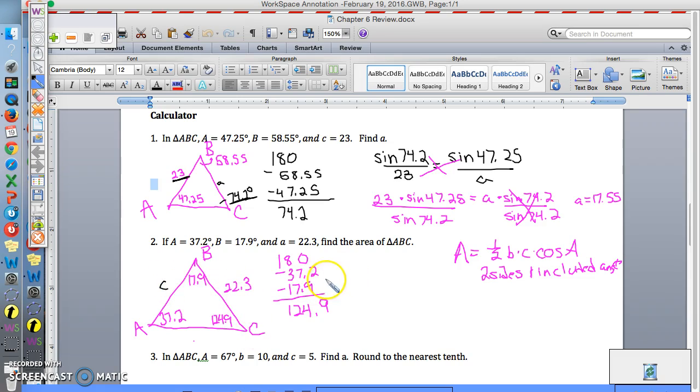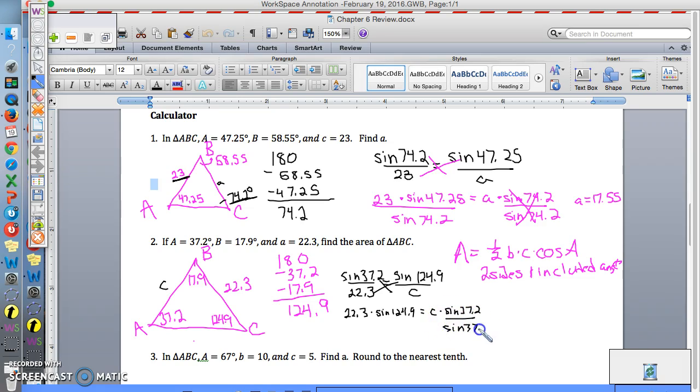So we could set up the sine of 37.2 over 22.3 equals the sine of 124.9 over little c. Cross multiply. 22.3 times the sine of 124.9 equals c sine of 37.2.